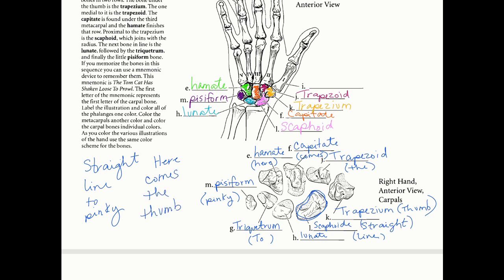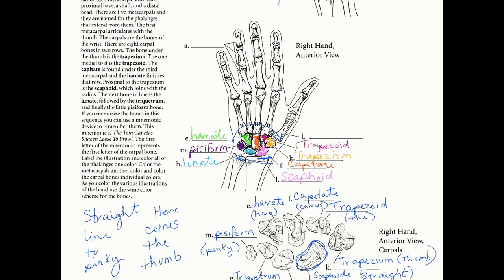And it really is, you start here at the scaphoid, you make a straight line over to the pinky, and then you move up and you're coming back around to the thumb. So if it works for you, awesome. If it doesn't, maybe you can come up with your own little saying or something that's going to help you remember the carpal bones.